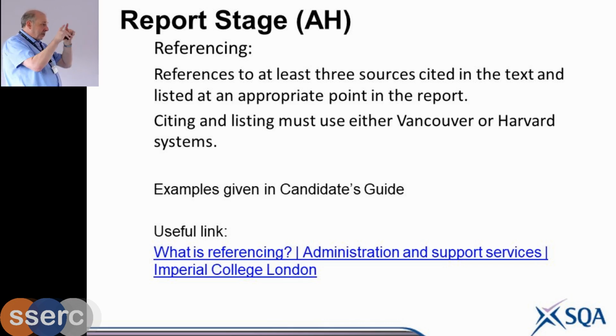That's the one where you put a little 1 or 2 in square brackets next to the text, and then have that at the back. We don't get hung up about these not being in alphabetical order at the back and things like that. What we're looking for is, have they done 3 correctly? They might have 27. We want to see that they've been able to do 3 correctly.